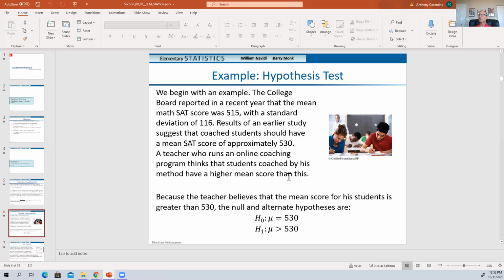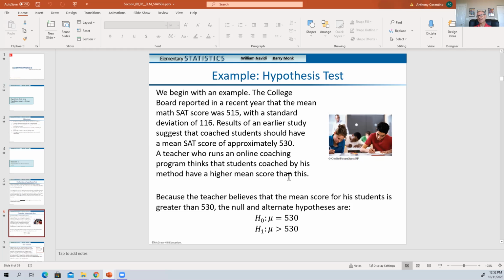And results of an earlier study suggested that the mean score was 530. And a teacher who runs an online coaching program thinks the students coached by his method have a higher mean score than this. Because the teacher believes that the mean score for a student is greater than 530, here is our null, and here is our alternative hypothesis.